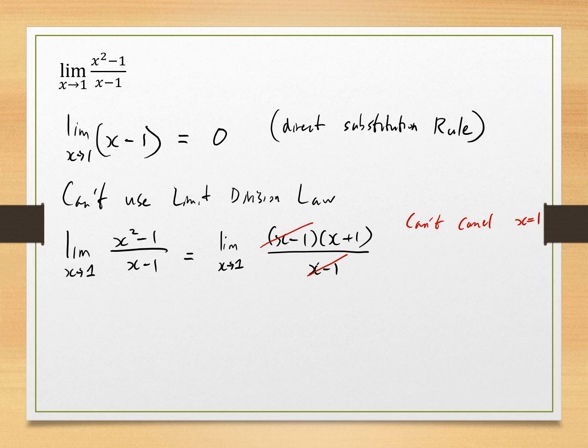You can't cancel if x equals 1, because you would have 0 divided by 0. But what we have is x very close to 1, so it's okay. If x is actually 1, you can't cancel out. But here x is very close to 1, which is to say x is not 1, and you can cancel.